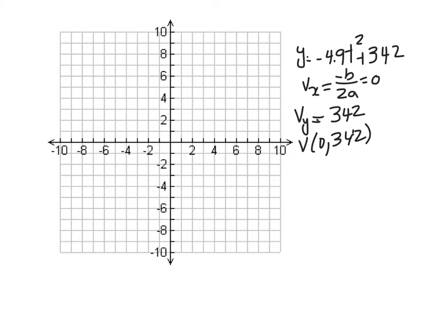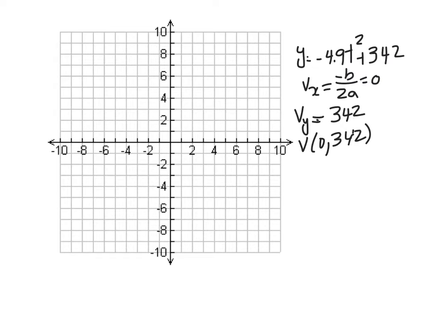Now, our graph goes by 1, 2, 3, 4, and so forth. Because 342 is much more than the size of the graph, I'm going to renumber these.